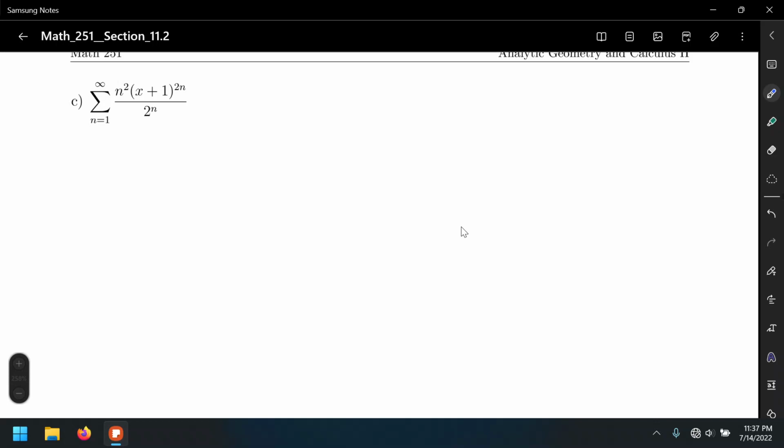The root test will be a lot better here, because if we do the ratio test, the limit of (n plus 1) squared times (x plus 1) to the 2n plus 2 over 2 to the n plus 1, I think it would be a little more complicated.